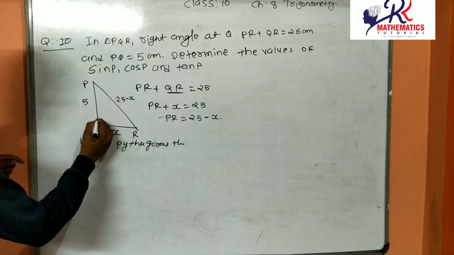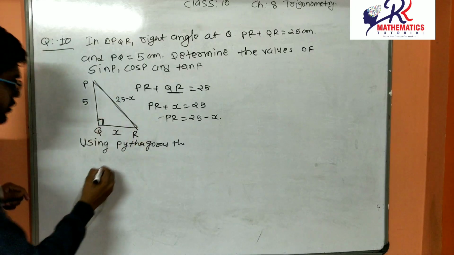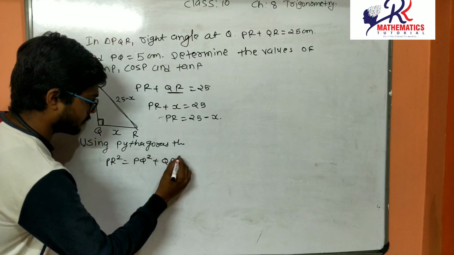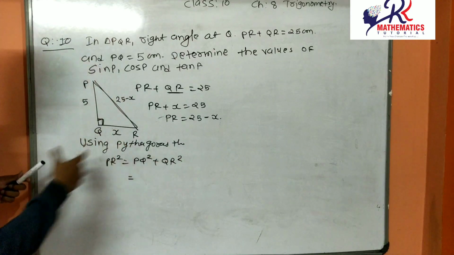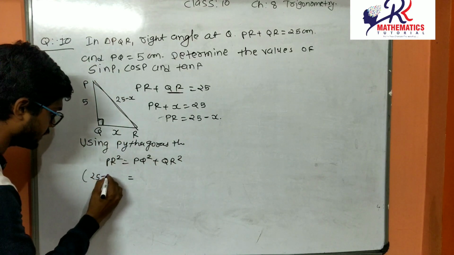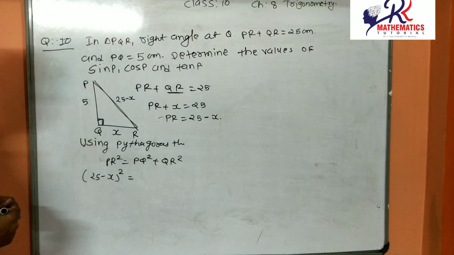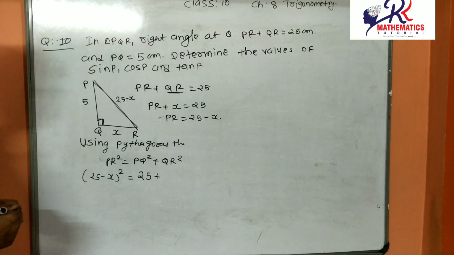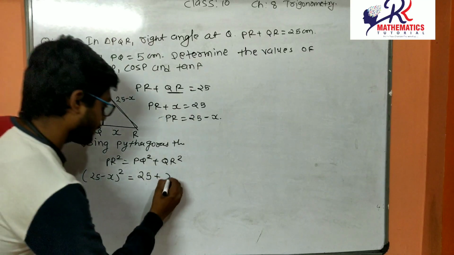Q is the right angle, so PR will be the hypotenuse, so PR square is equal to PQ square plus QR square. Now PR is 25 minus x whole square, whereas PQ is 5, so it is 25 because the square of 5 is 25, whereas QR is x, so it is x square.